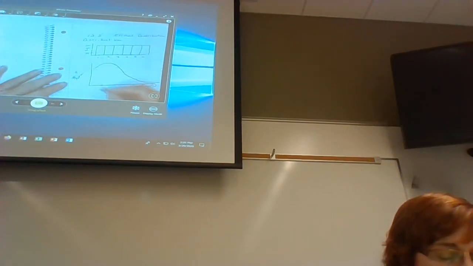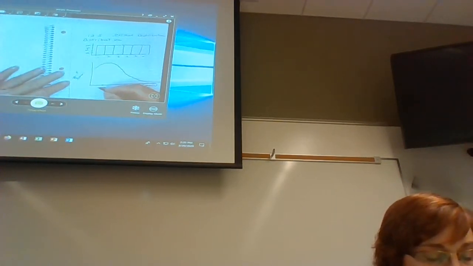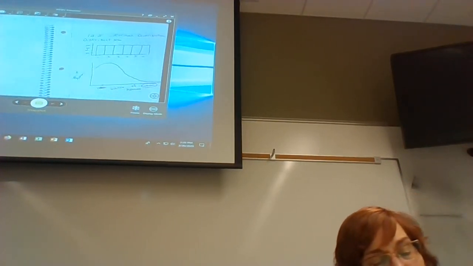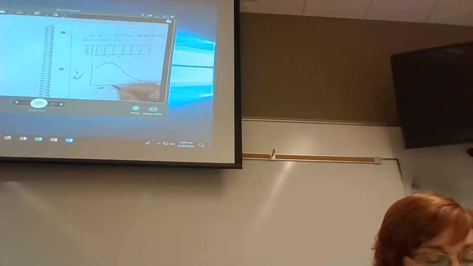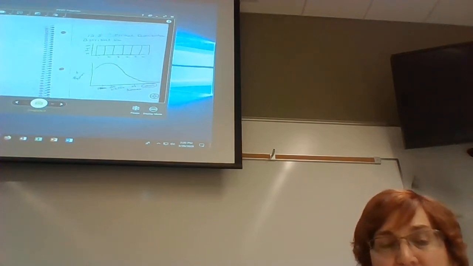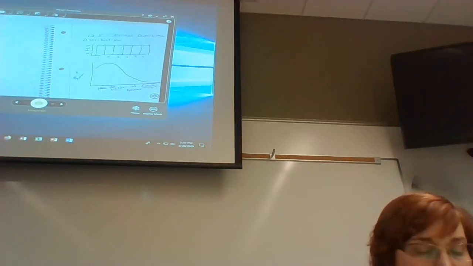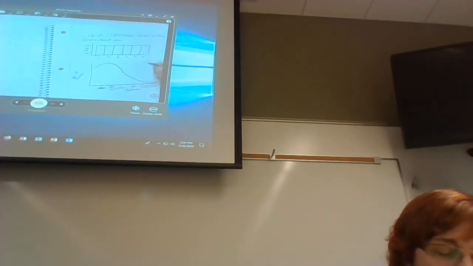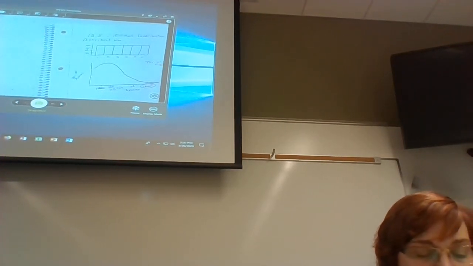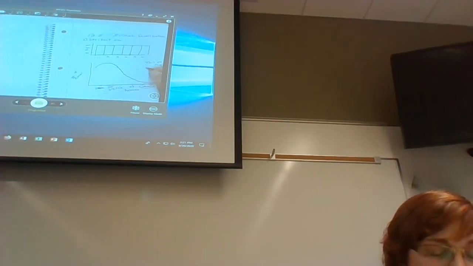But a $100,000 home or a $200,000 home, there are quite a few of those sold. The more the value goes up, the fewer homes we get. We call that a tail on the right, because there are very few on the right hand side, and we call that skewed to the right.